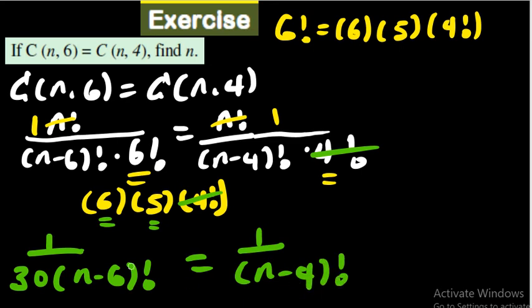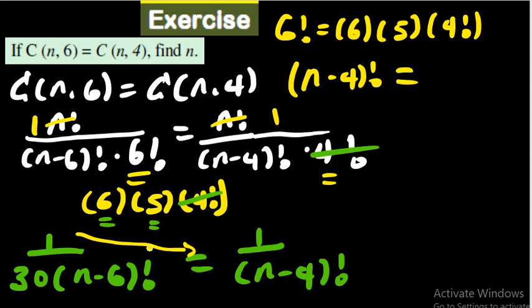Therefore we can multiply crisscross. 1 times (n minus 4) factorial on the left hand side is equal to 30 times (n minus 6) factorial on the other side.